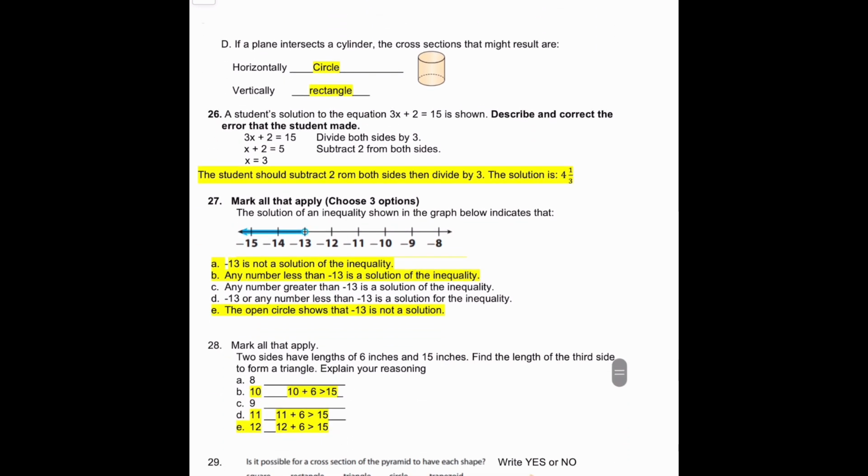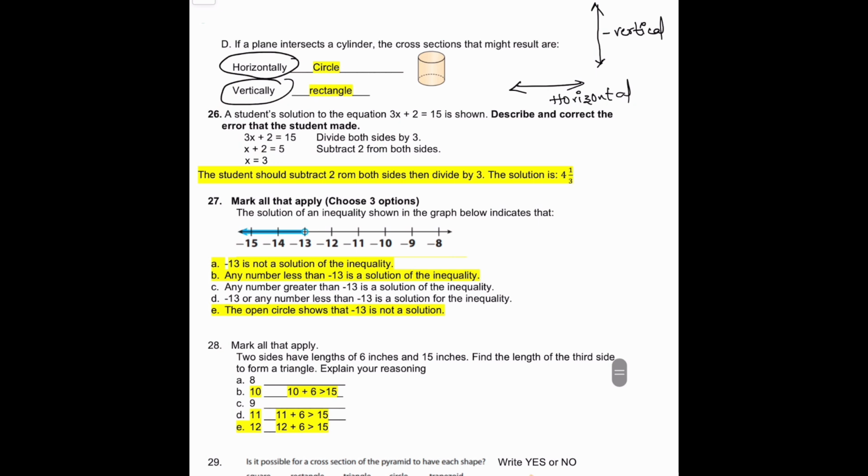If a plane intersects a cylinder, the cross sections that might result are horizontal and vertical. Now I am cutting this. Before you try to answer this question, read the question properly. What is horizontal? What is vertical? If I cut something like this, it's called vertical, and if I do something like this, it is called horizontal.